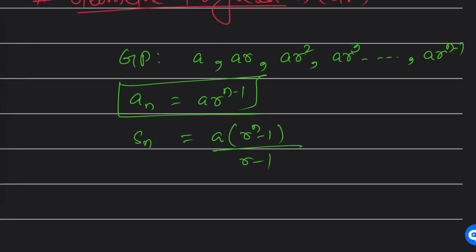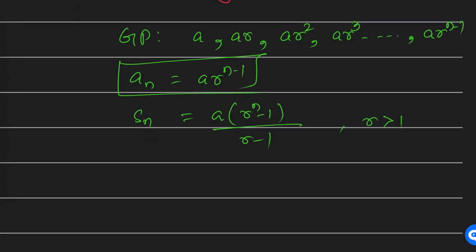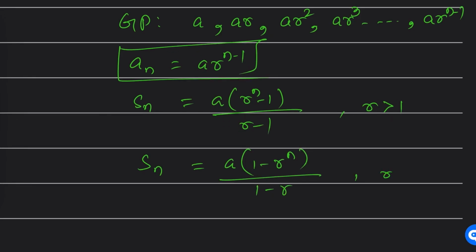This is one formula when r is greater than 1. If r is less than 1, S_n = a(1 - r^n)/(1 - r). These two formulas you should remember.